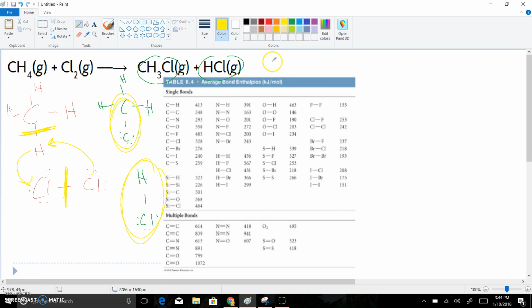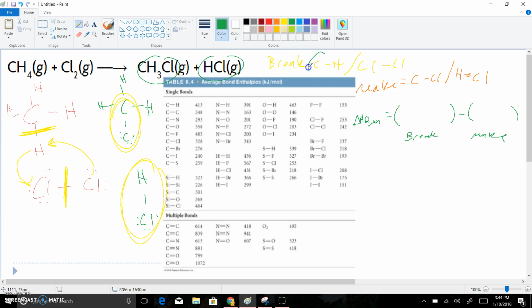So I'm going to break a C-H and a Cl-Cl, and then I'm going to make a C-Cl and an HCl. We're going to find the difference between the breaking and the making. The heat of the reaction is all the bonds that you break minus all the bonds that you make. Break minus the make.